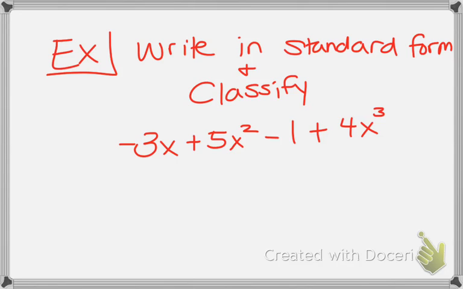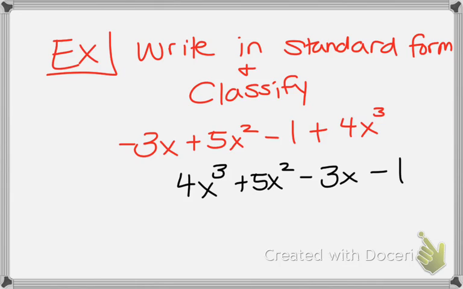So for the degree, do we only do it for the... You do your highest one, yes. Oh, so you just do the highest one? Right. What should come first? 4x cubed, followed by 5x squared, followed by minus 3x minus 1.